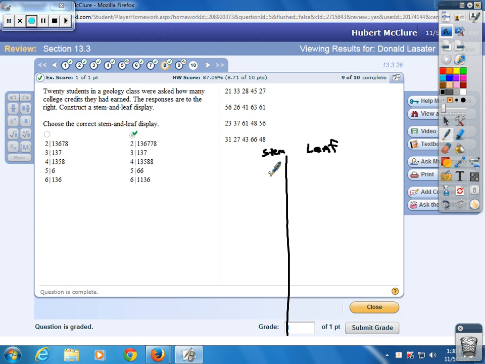The base could be 0, 1, 2, 3, 4, meaning 0 tens, 1 ten, 2 tens, 3 tens, which would be 0, 10, 20, 30, 40, 50, 60. And then you put the ones digits wherever you need to. So you put them in order. Are they in order? 21? No, they're not. Let's see. 21 is your lowest though. 21.